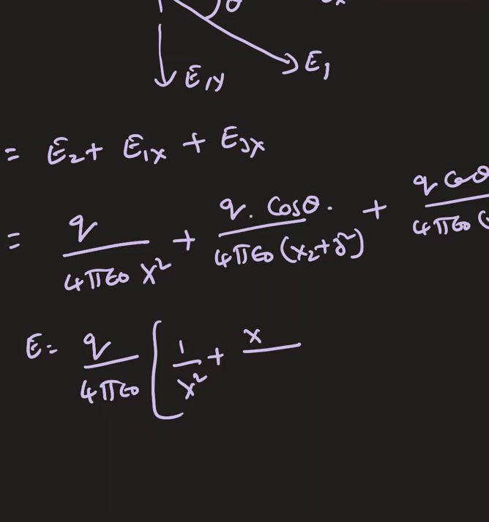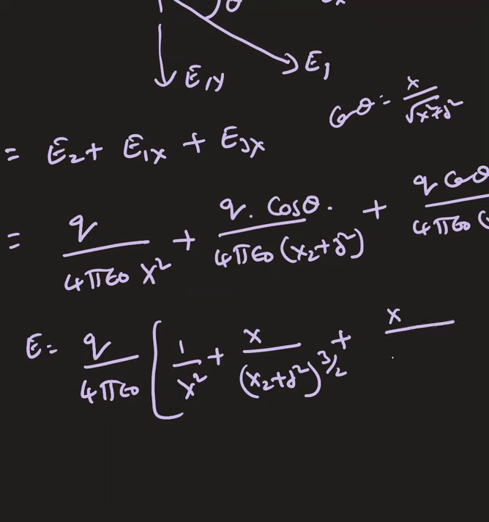Since cos theta is x over the square root of x square plus d square, we get x square plus d square whole to the power of 3 by 2, plus x over x square plus d square to the power of 3 by 2.